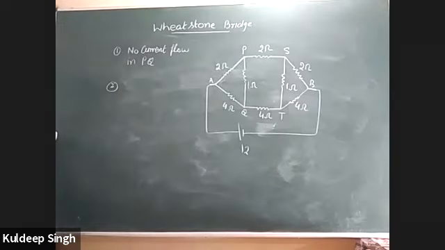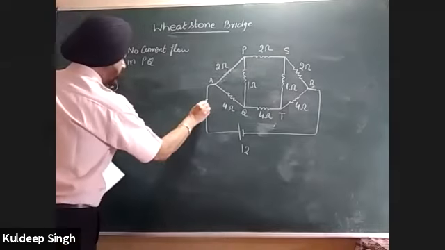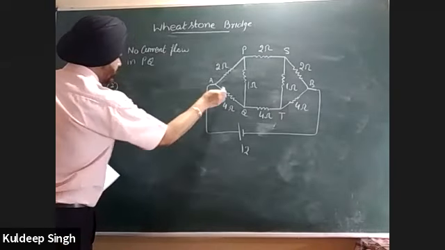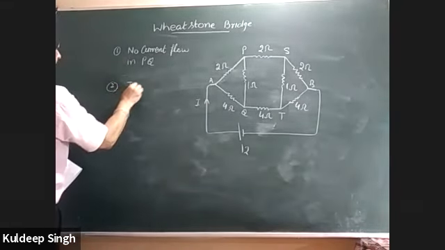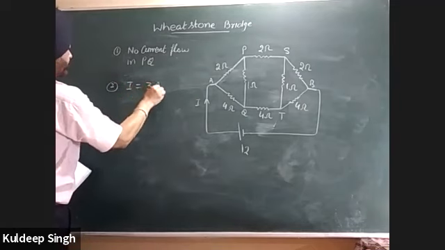Number 2 was the current drawn from the battery, this current I, is equal to 3 ampere.